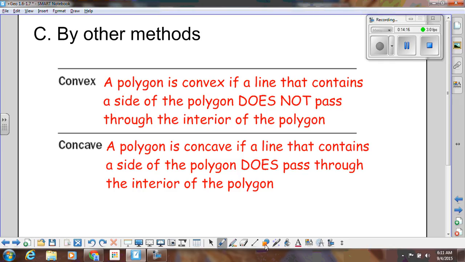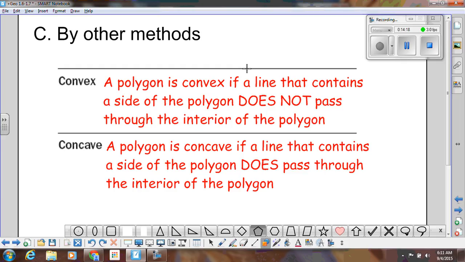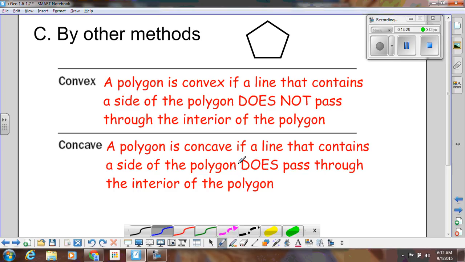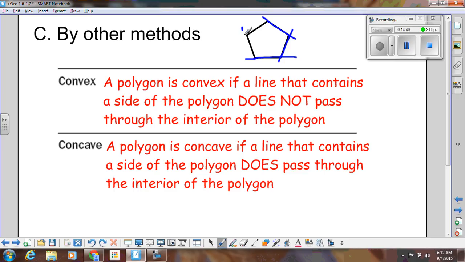So I'm going to draw a convex polygon. And according to this definition, it says that any line that contains the side will not pass through the interior. So if I draw these blue lines that contain the sides, notice that those blue lines stay outside of that shape. They don't go inside of that pentagon.